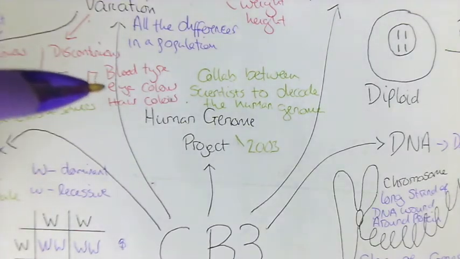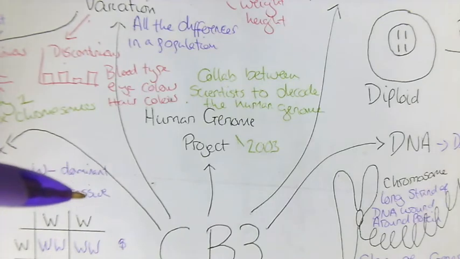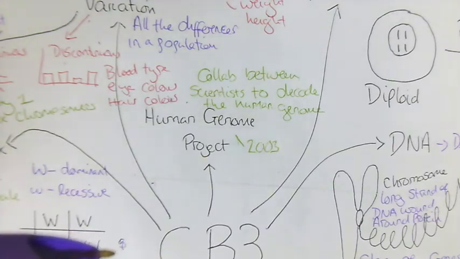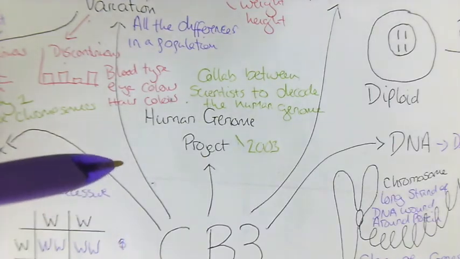That means that people will be able to have their genomes read. They'll be able to see what diseases they may get in the future, what genetic problems they may have, what recessive genes they may have, what dominant genes they may have, but also it allows doctors to tell you what medicines will work better for that specific person because of their genes.